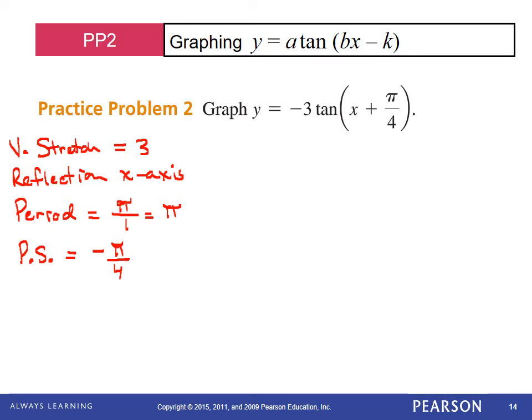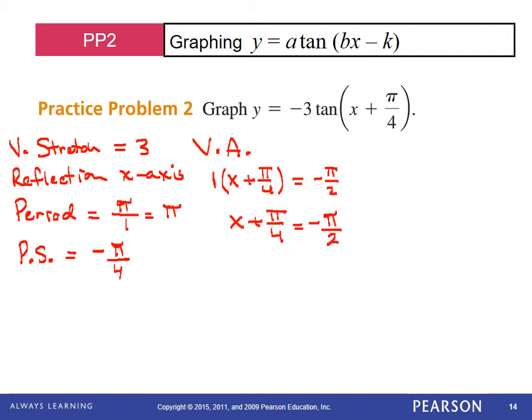Alright, the other thing we have to do is the vertical asymptotes. So let's go for it here. Basically, it's the stuff that's inside tangent. We're going to set that equal to negative pi over 2. And if we do some work here, we'll figure out what that is.